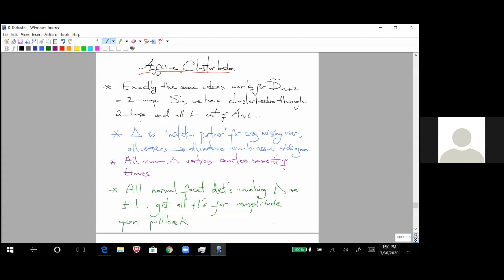So you can think of these as the affine clusterhedra, and this A_PQ is one example. Another example is D_n tilde, which is 2 loops, so just two punctures. In both cases, it's a single delta.